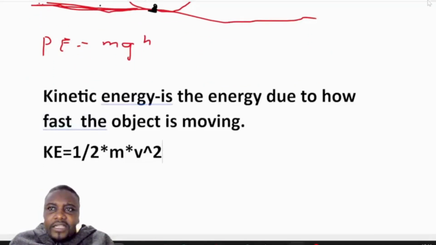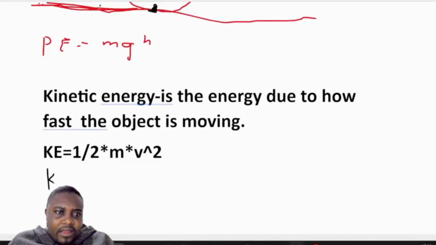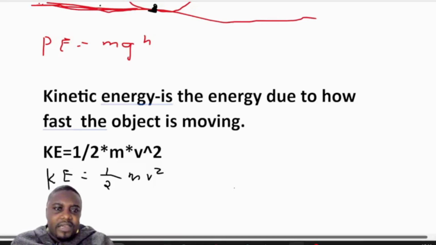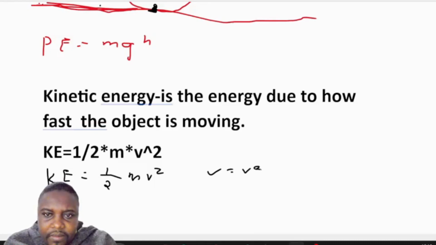Kinetic energy is the same as KE equals 1 over 2 m v squared, where m is mass and v is velocity.